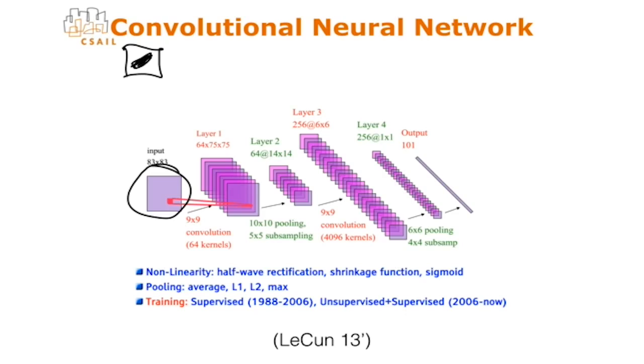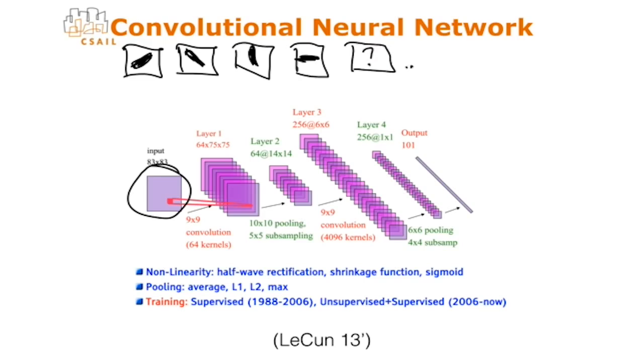But that's not the only kind of feature that I want. I want to find a feature of a different diagonal edge, vertical edge, horizontal edge, or some combination, and so on.